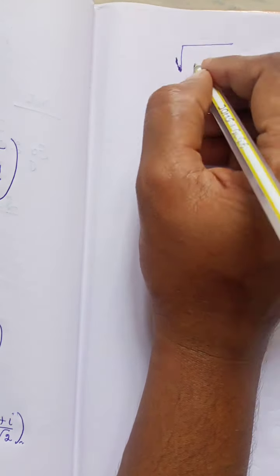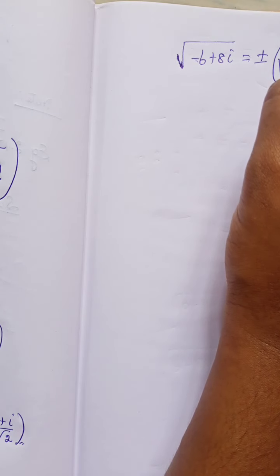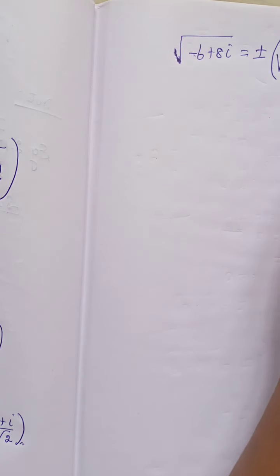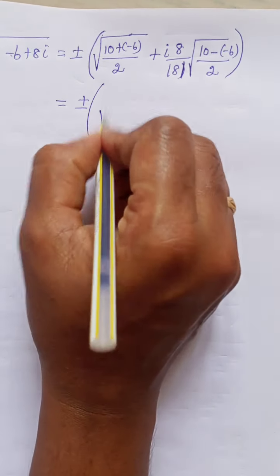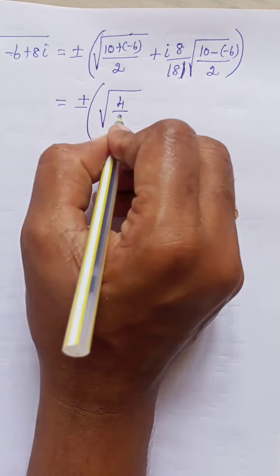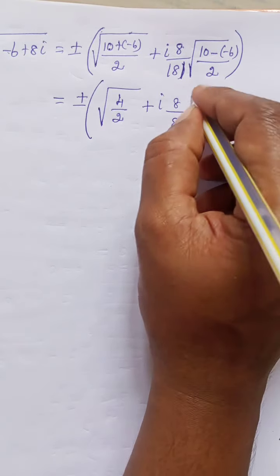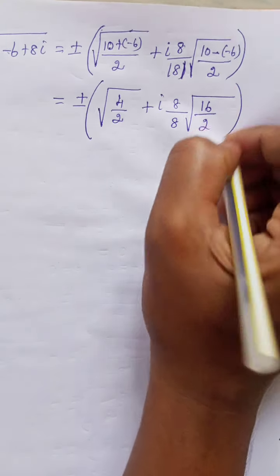So, when we substitute, the root of minus 6 plus 8i is equal to plus or minus the root of (modulus z 10 plus minus 6) divided by 2, plus i into b 8 by modulus 8 into the root of (10 minus of minus 6) divided by 2. So, plus or minus root of 10 minus 6, 4 by 2, plus i into 8, modulus 8 is 8, root of 10 minus of minus is plus, 10 plus 6, 16 by 2.